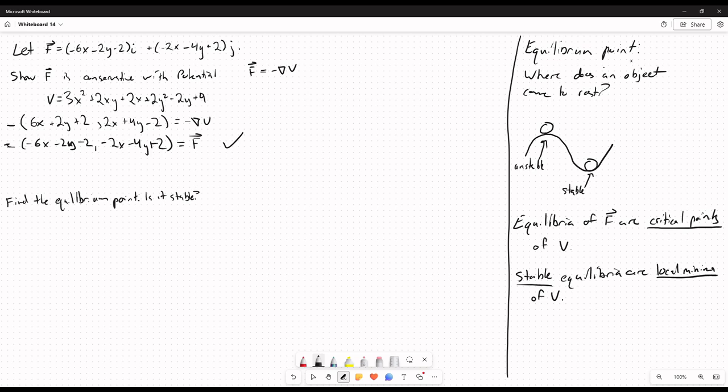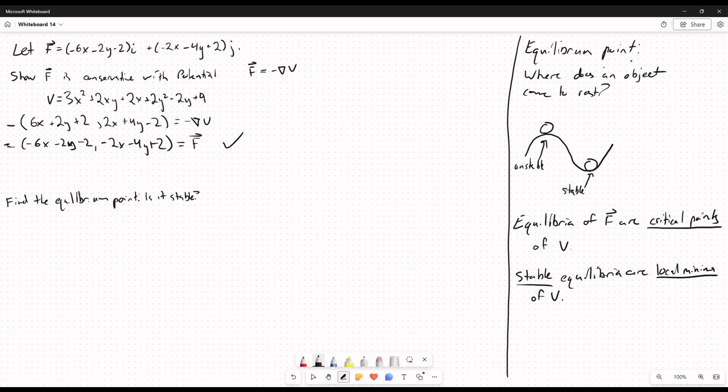Now we want to find the equilibrium points and see if they're stable. We want to be a little careful here. We have our vector field here and our potential function here. It would be really tempting to just skip taking the gradient and use F, but remember F is the negative gradient. We're going to be trying to find the critical points.